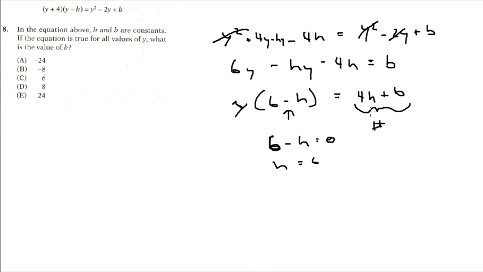And so then all of this here has to be equal to 0. Right, so that means that all that is 0. h is 6, so 6 times 4 is 24, plus b equals 0, which means that 24 equals minus b, or b equals minus 24, which is this answer here.